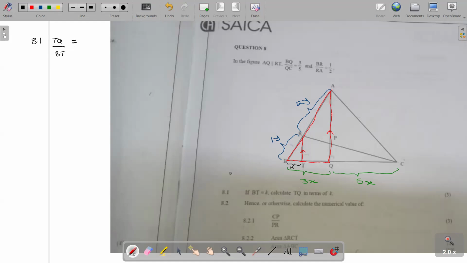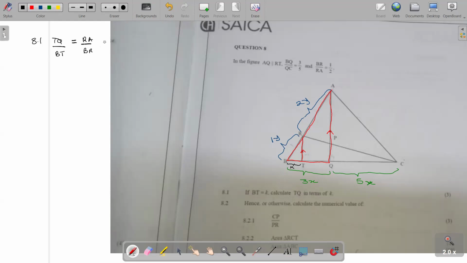must be equal to, so if we check in this triangle, which is now in red, we have this pair of parallel lines. So TQ is going to move with RA, then divided by BT going to move with BR. What's the reason?